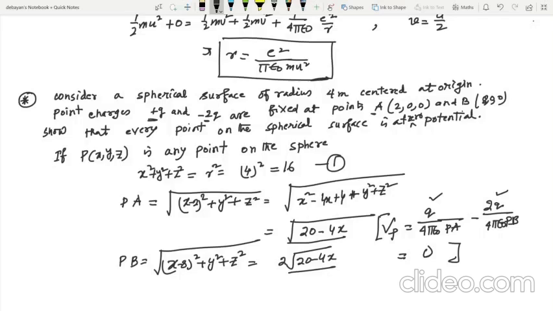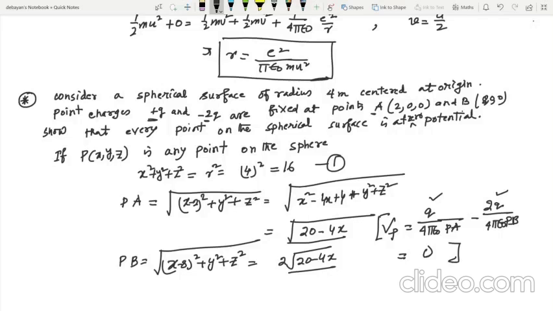Now if you were to find it, since the electric field is written as Ex i cap plus Ey j cap plus Ez k cap, it can also be written as minus del v with respect to del x i cap, minus del v with respect to del y j cap, minus del v with respect to del z k cap.